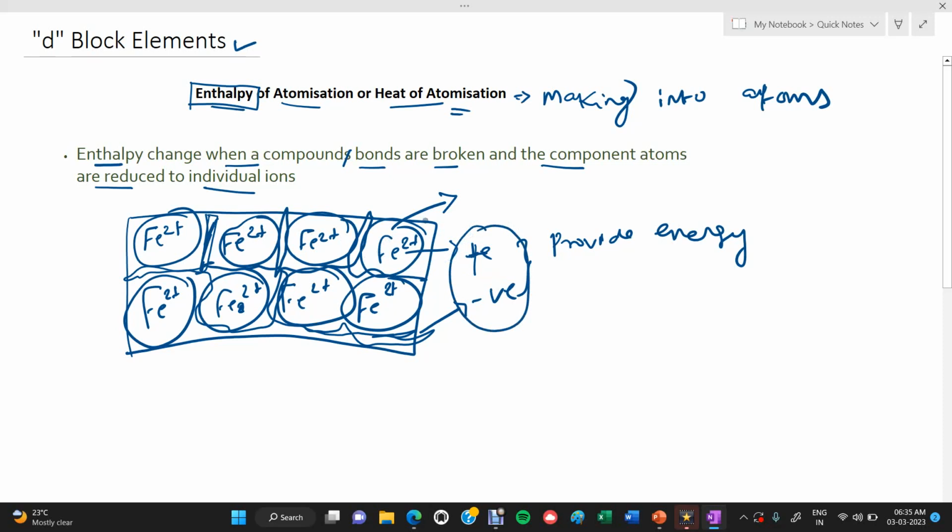So if I have to take this iron atom out, I have to provide energy to break the force between the positive and negative charges here. That energy change that takes place during the process is called enthalpy of atomization. That is called the enthalpy of atomization.